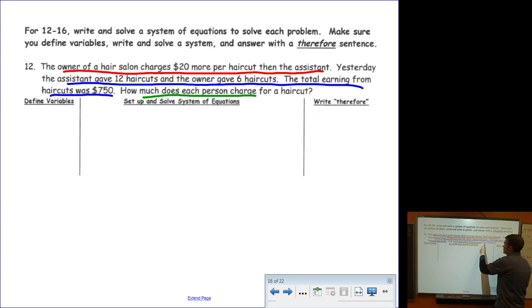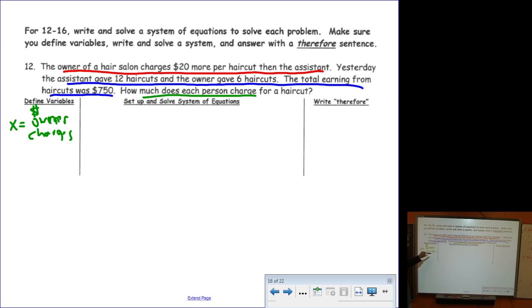How much does each person charge? So, in green, the question, how much does each person charge, that's where I'm going to set up my variables. I'm going to have x be dollars the owner charges. And I'm going to have y be dollars the assistant charges.